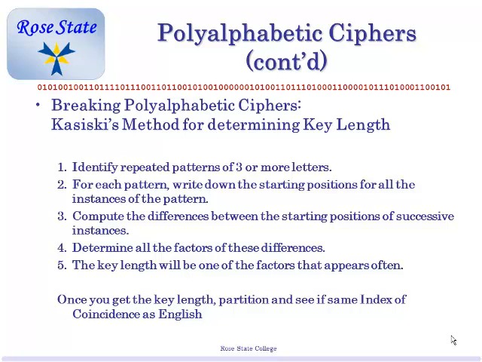All right. So how does this work? To break a polyalphabetic cipher system, Kasiski's method, here's how it works. First of all, identify a repeating pattern of 3 or more letters. Now, that first statement causes more issues than any other on all of this. Let me explain why. I said 3 or more. So if you had a choice between a repeating pattern of 3 or a repeating pattern of 12, which one are you going to pick? 12.